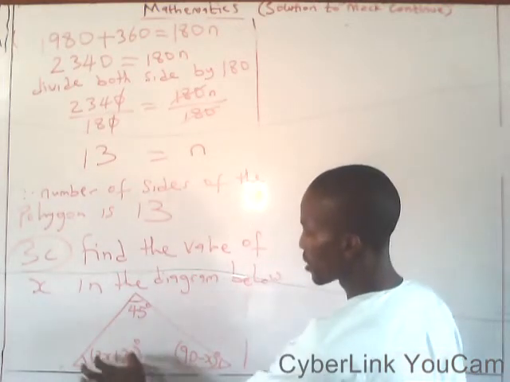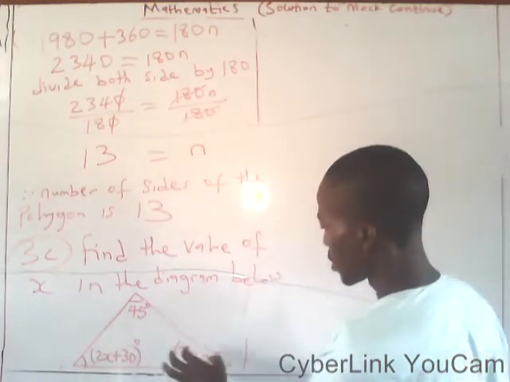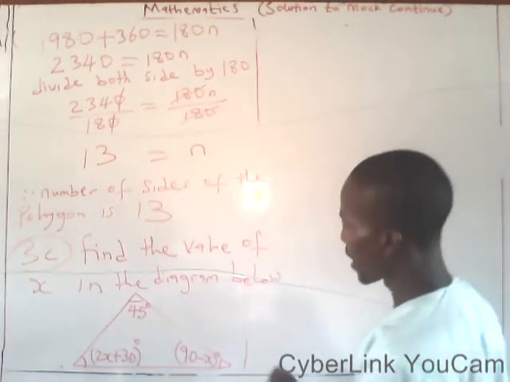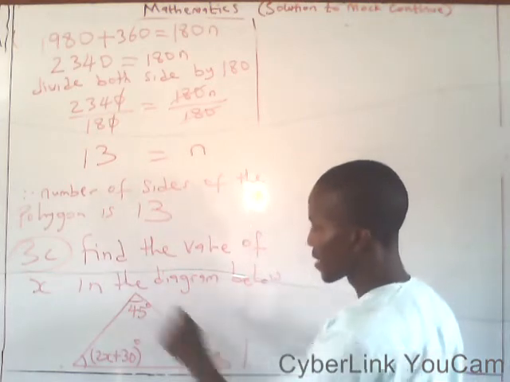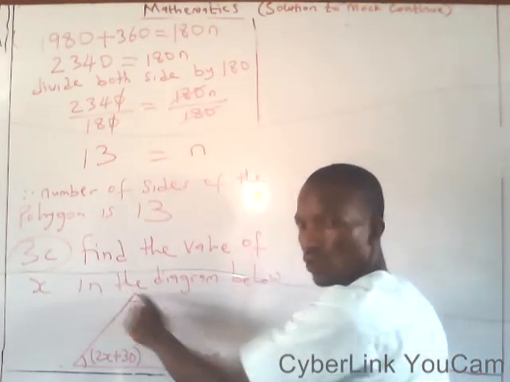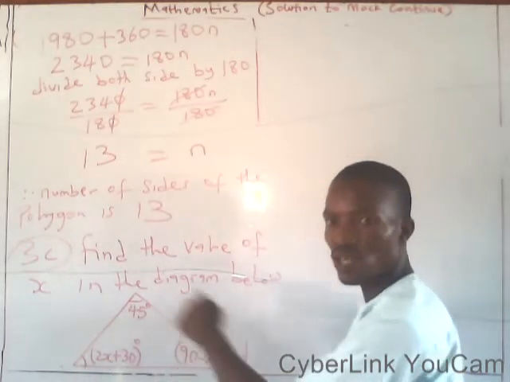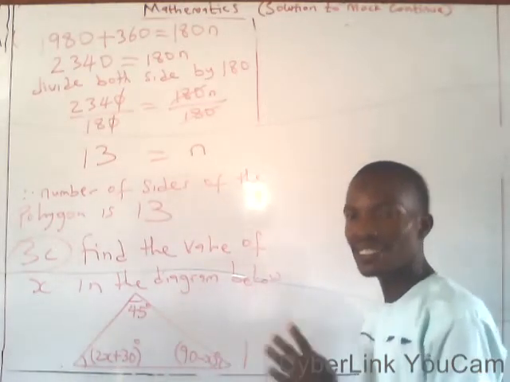This one is a combination of variables and figures. This one is also a combination of variable and figure. And we know that there is a rule that says the addition of this angle plus this angle plus this angle must equal 180 degrees.